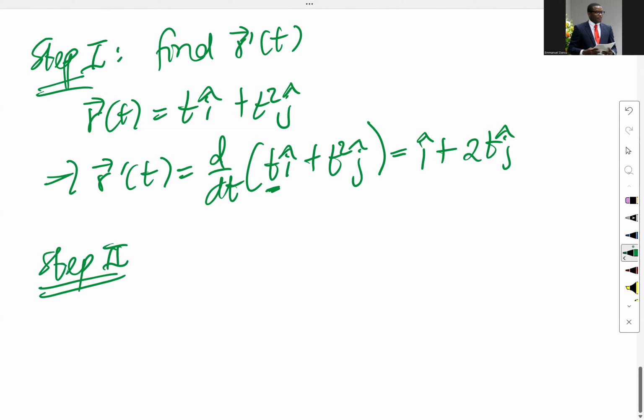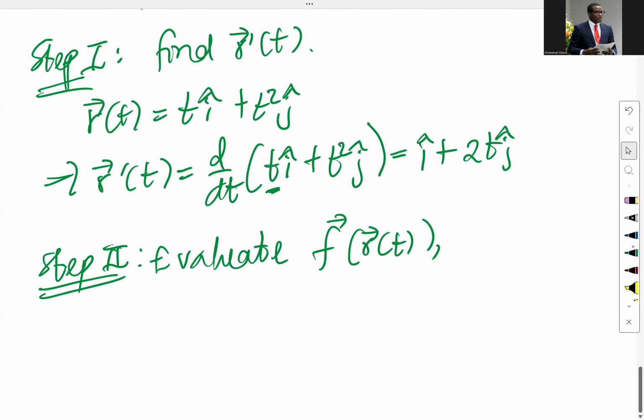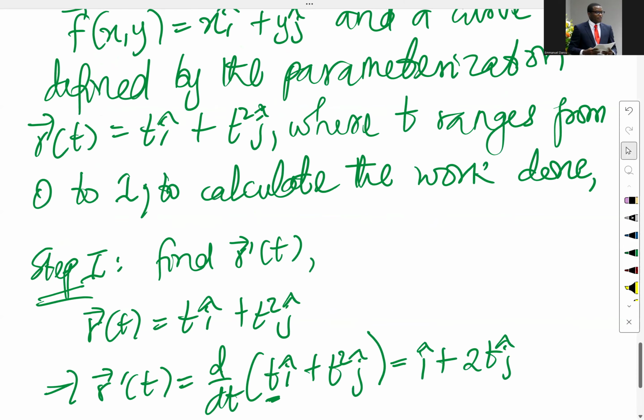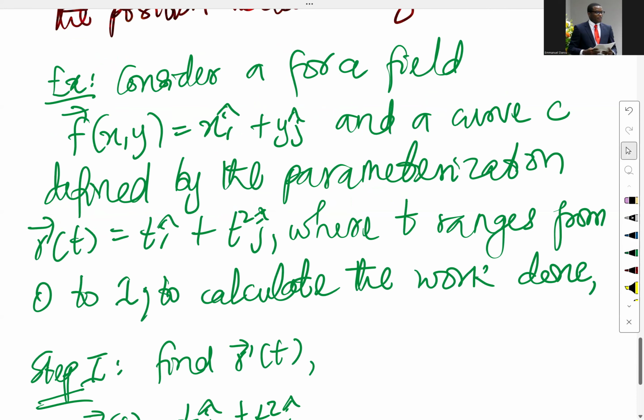In step two, you evaluate f of r of t. So to do that, f itself originally is xi plus yj, so it is in two dimensions like that.